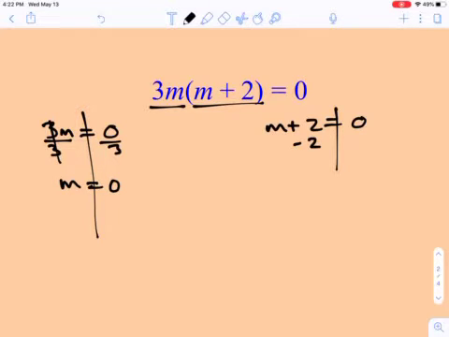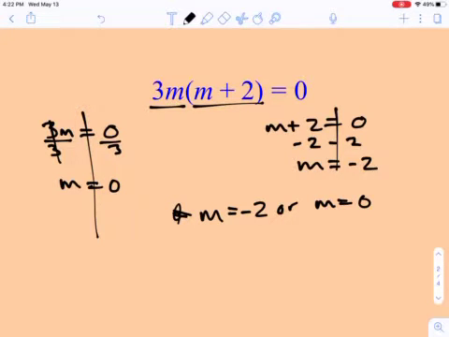Well, you find out by subtracting 2 from both sides, and then you get m is equal to negative 2. So for this one, your solutions would be m is equal to negative 2 or m is equal to 0. I wrote that wrong. m is equal to negative 2 or 0. And that is your solution set for it.